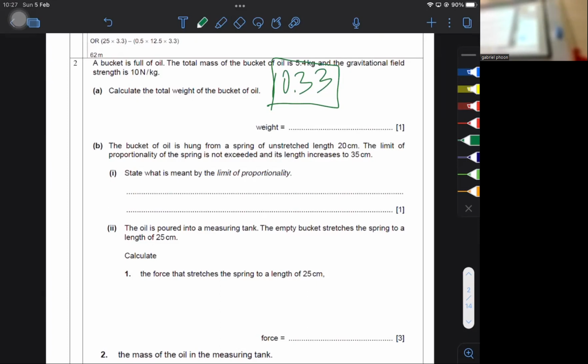In this scenario, this 5 is not the force. This force doesn't cause this 5 extension. This force causes this extension.